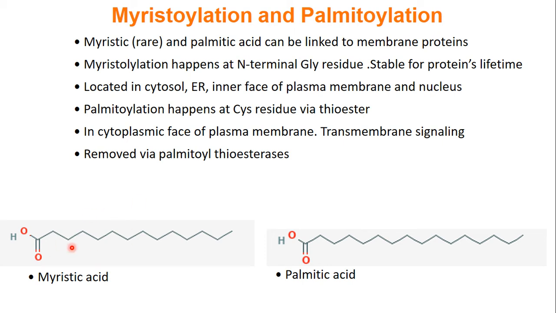And once you add it, it's going to be there until the protein is destroyed. It is stable for the protein's entire lifetime. These types of modifications are in your cytosol, your ER, and at the interface of the plasma membrane, again facing towards the cell. You will also find these modifications inside the nucleus.